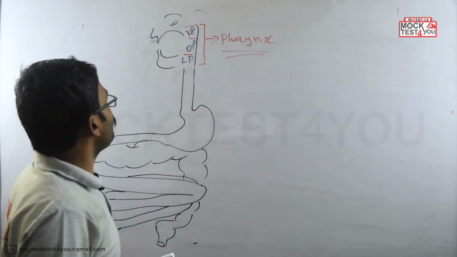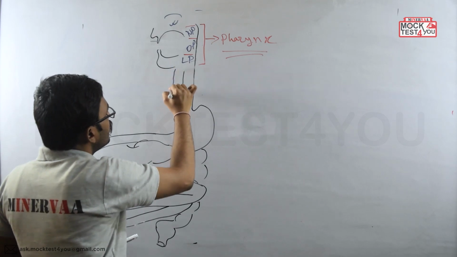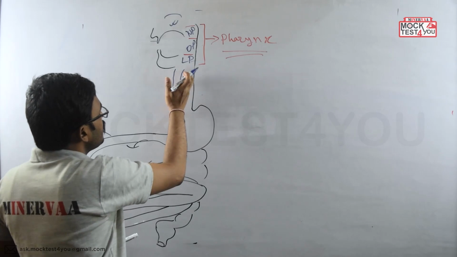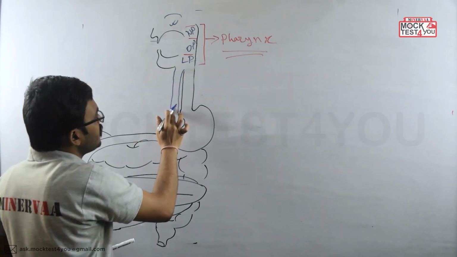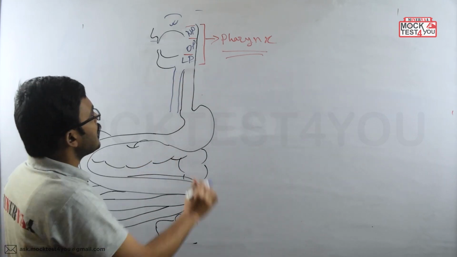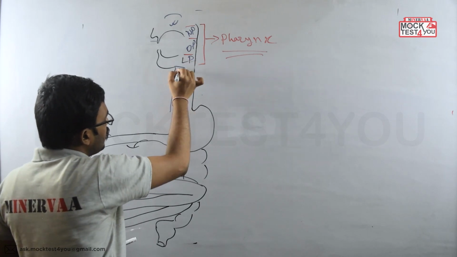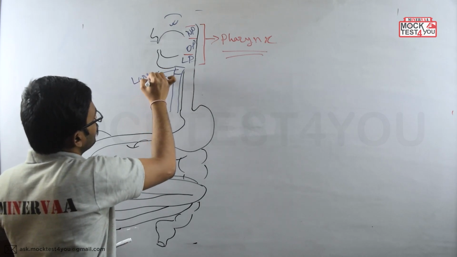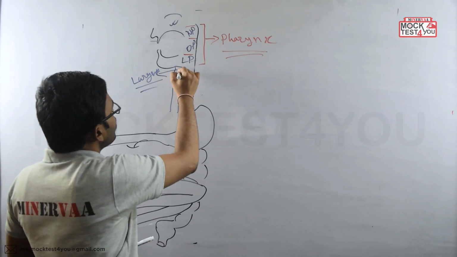Why is it called the laryngopharynx? Because from here, another pipe is coming down, just in front of the food pipe. The pipe which is coming down is called the windpipe, and its first portion is called the larynx.